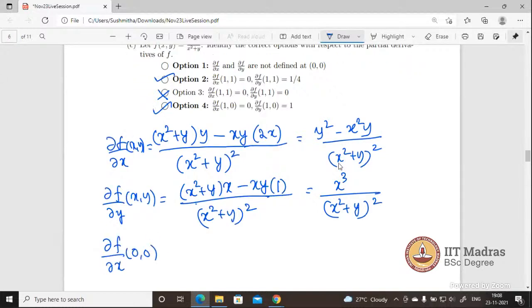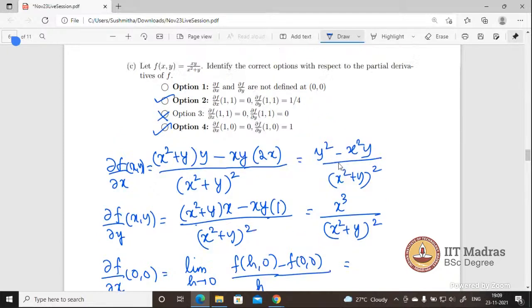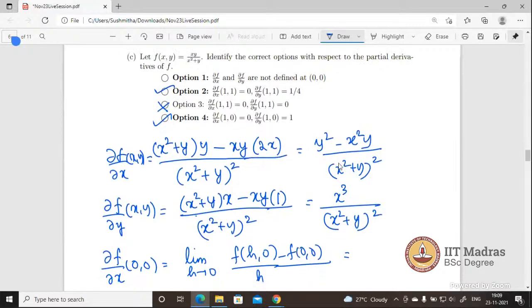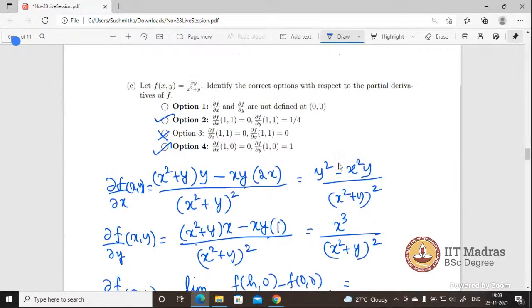At 0, 0 it is going to be limit as h tends to 0, f of h, 0 minus f of 0, 0 by h, right? Okay, f of 0, 0 is not defined because I'll have 0 by 0 form. The function should have been xy by x squared plus y squared, and 0 at the origin.